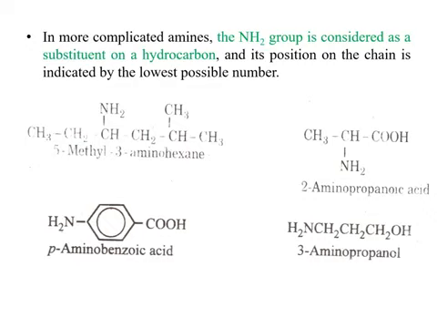Similarly, in the second example, there are two functional groups. One of them is carboxylic acid, and the other one is amino group. For competitive functional groups, the reactive functional group is considered as part of parent chain.